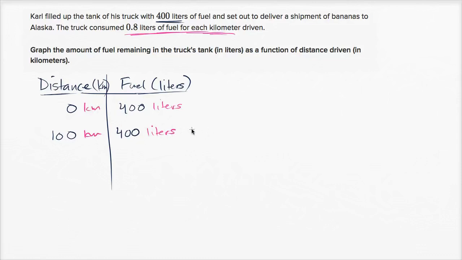It's going to be 400 liters minus 0.8 liters per kilometer times, let me make that clear, times 100 kilometers. And same thing, kilometers divided by kilometers, and we are left with 400 liters minus 0.8 liters times 100.